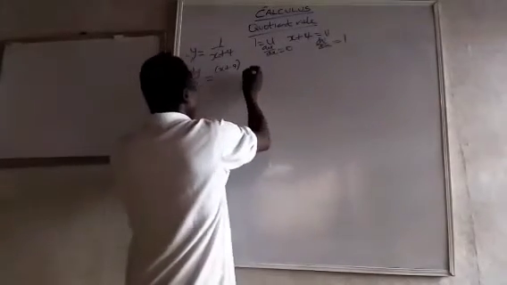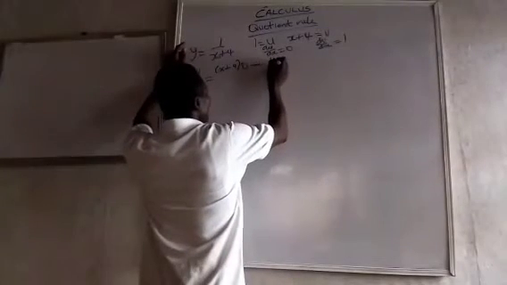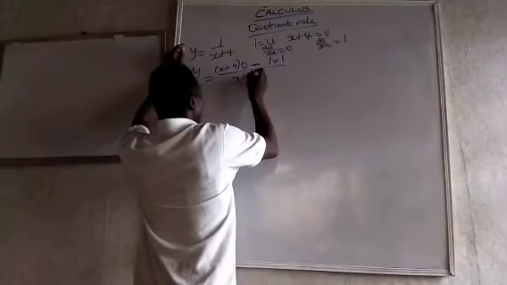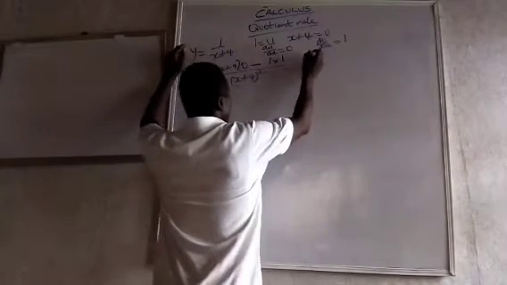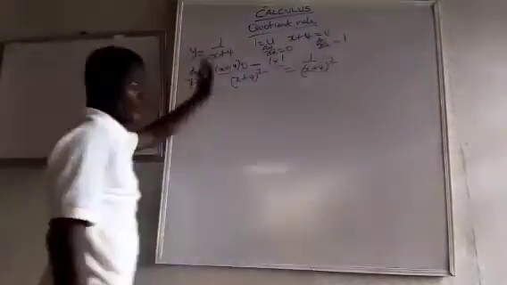So dy dx is 0 minus U dv dx divided by V squared. This is minus 1 over x plus 4 all squared. Simple.